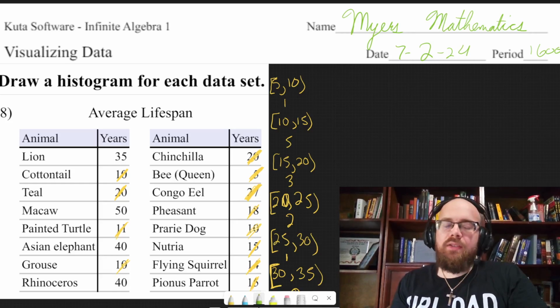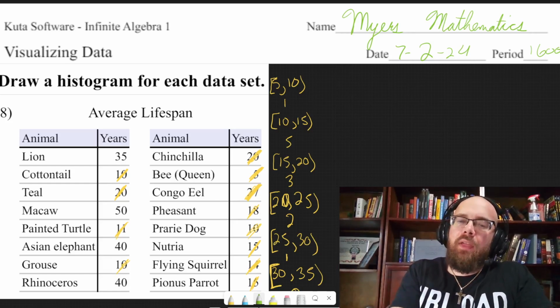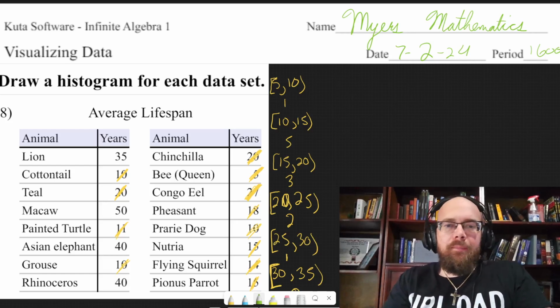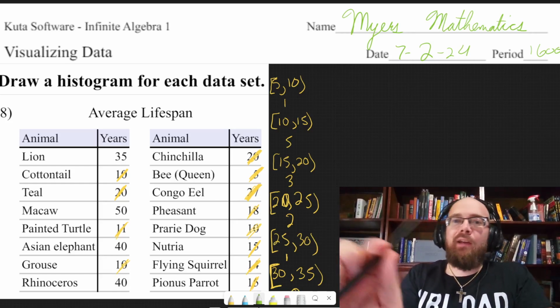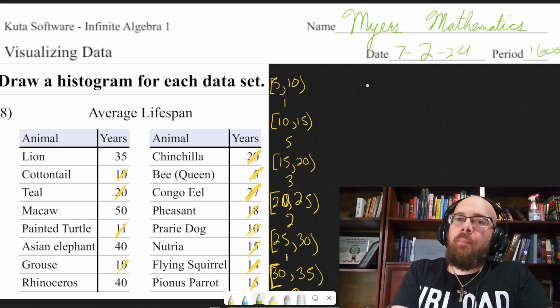All right, let's use green for the actual histogram. So it looks like so far the biggest is 5, and it doesn't look like there's going to be more than 5 because there's less than 5 things even left. So we don't need to go up any higher than 5. So when we draw a graph here, the frequency.